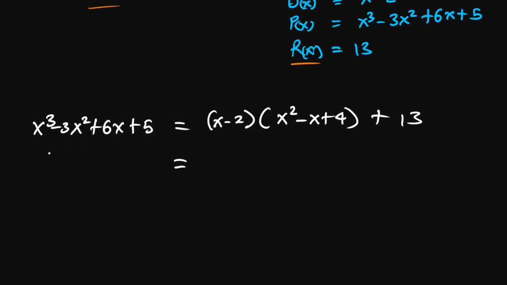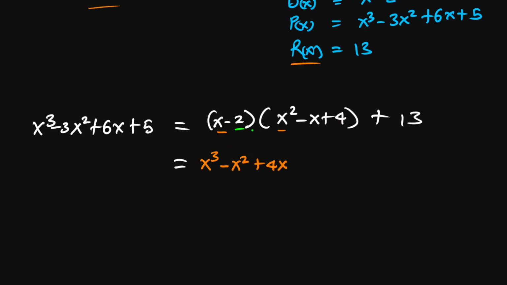The left hand side will remain the same, so let's try to open these brackets. x times x squared, we get x cubed, and x times negative x, we get minus x squared, and x times 4, we get plus 4x. Same applies to this.